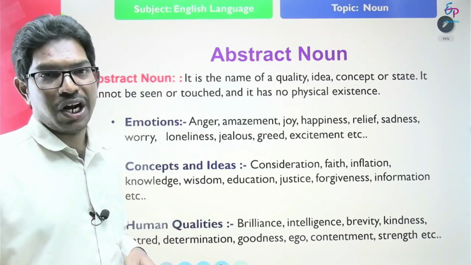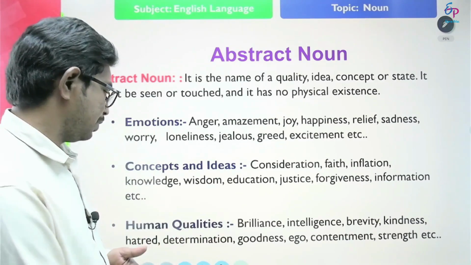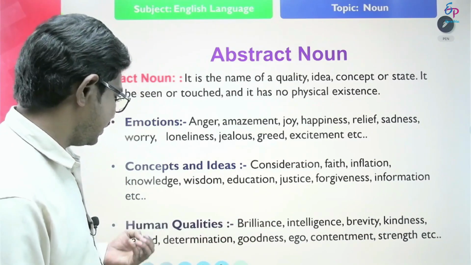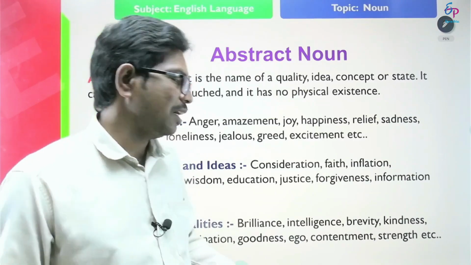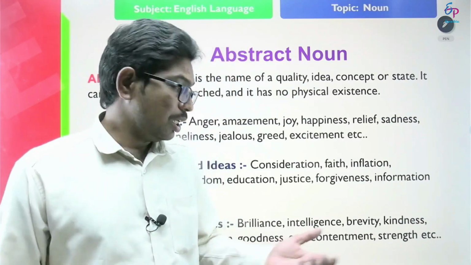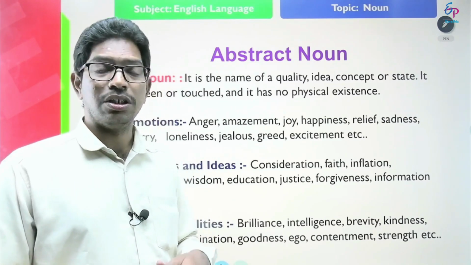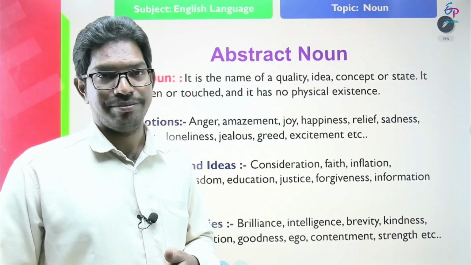These are all abstract nouns because we can't touch them or see them. Next, human qualities: brilliance, intelligence, bravery, kindness, hatred, determination, goodness, ego, contentment, strength. These are all called abstract nouns because we cannot see them or touch them.